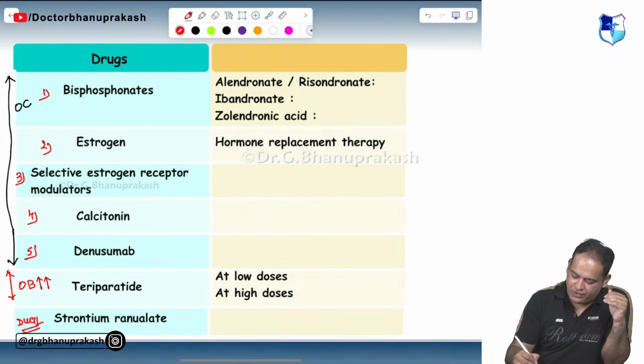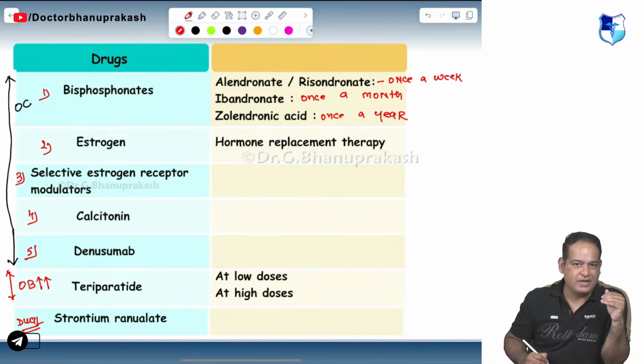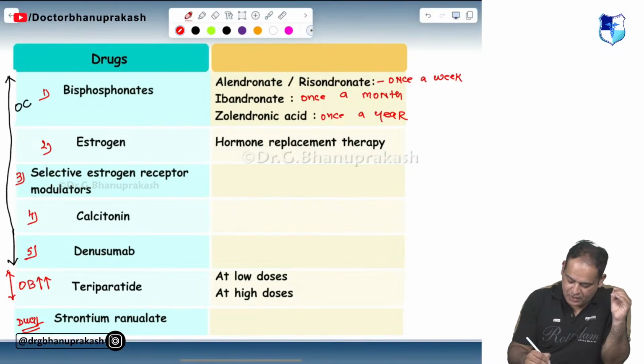Bisphosphonates: alendronate, risedronate. Now, they are to be taken once a week. Ibandronate, once a month. Zoledronic acid, once a year. Estrogen given as a part of hormone replacement therapy.